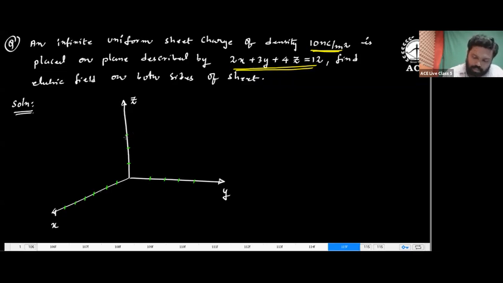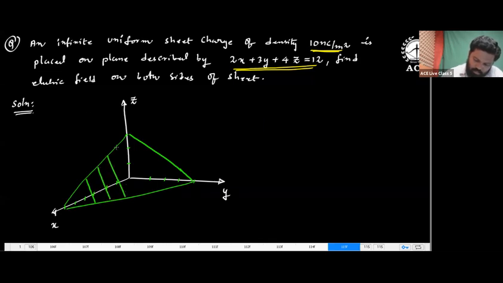Let me draw this one in the first octant. Here is a thing like this. So this is a plane.